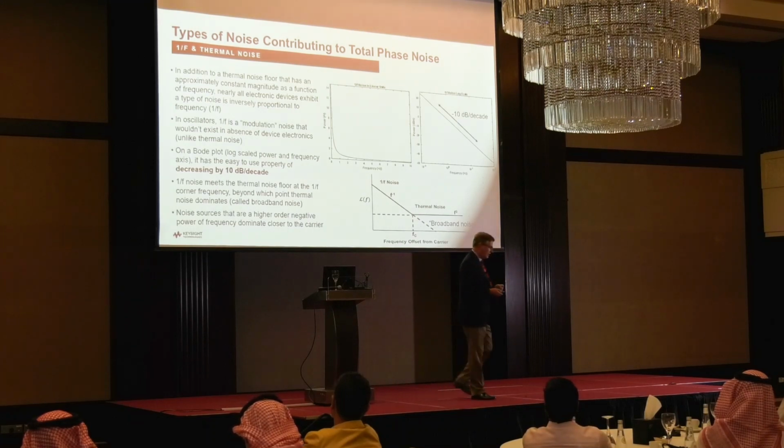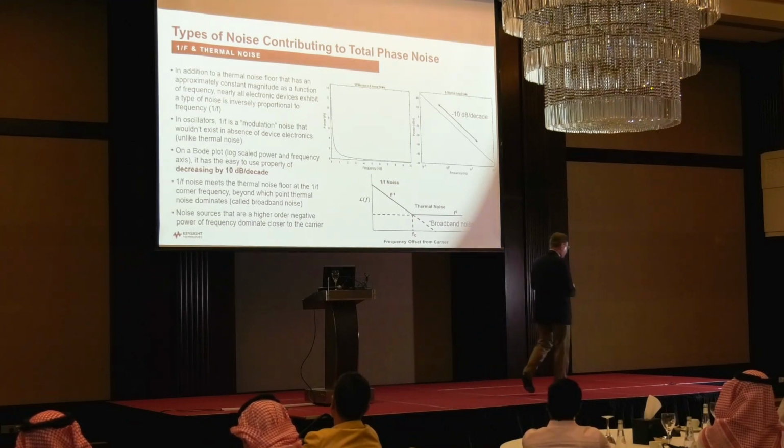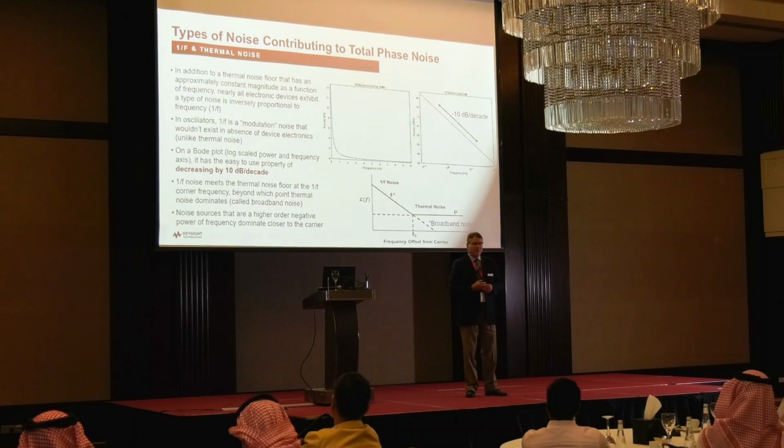Thermal noise. But there are other causes of noise in physics, especially when you have transistors. There is one common noise property called the 1/f noise. It's a noise that decreases at the rate of 10 dB per decade as a function of frequency, and it's directly correlated with the overall power level.